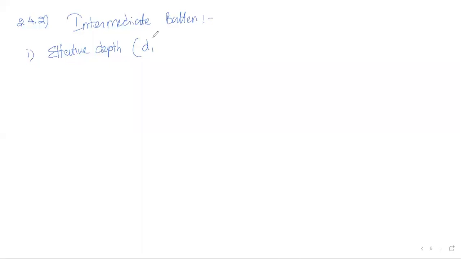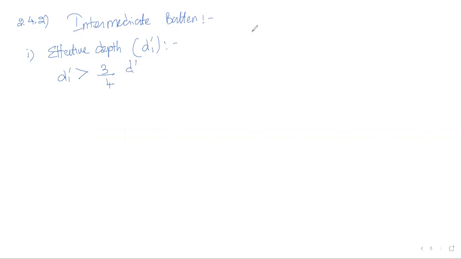Similarly we have to calculate for the intermediate batten. So this is 2.4.2, correct? Intermediate batten design. The same way, first one is effective depth, which is D1 dash. D1 dash should be greater than 3 by 4th of D dash.